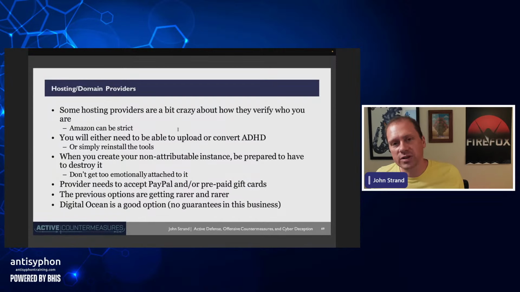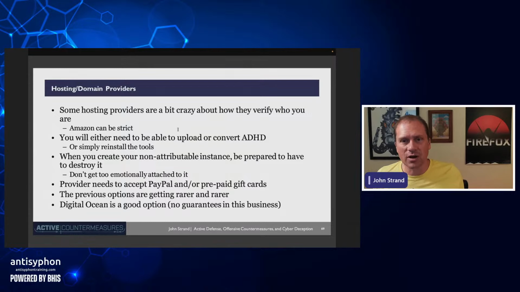I see people that use these servers for multiple different things. They don't just use it for one and done and get out. I recommend if you're setting up anything for attribution, you set it up for the op, or you set it up for a short lifetime. Let's say a month or 2 months or 3 months.